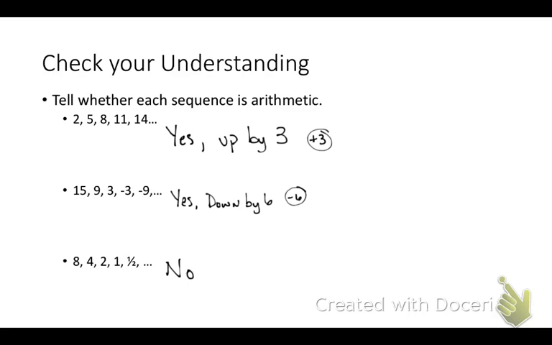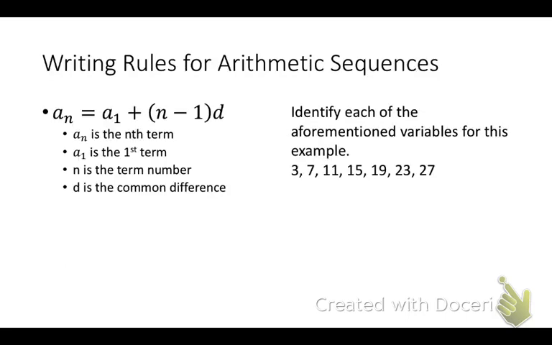So whenever we have an arithmetic sequence and we write the rule, the one thing I told you that you didn't have to worry about yesterday was writing the rule. Normally you would have been okay here, but we would have spent a lot of time trying to fix mistakes. So we didn't worry about having you write a rule because we were going to talk about it today. Okay?